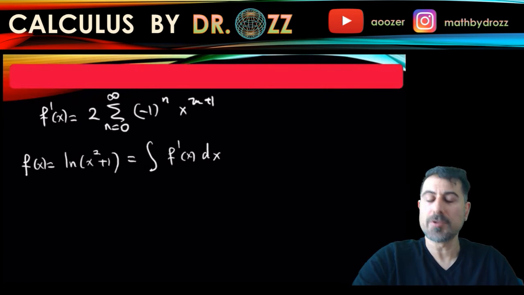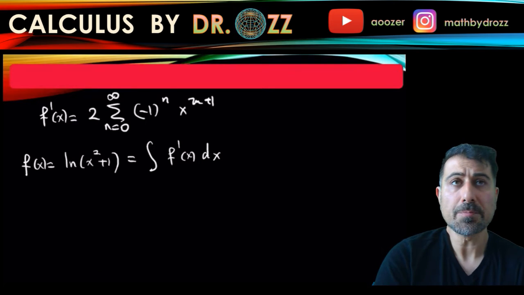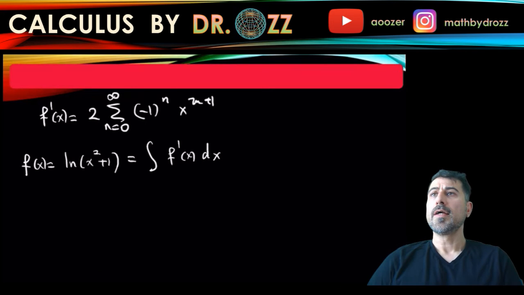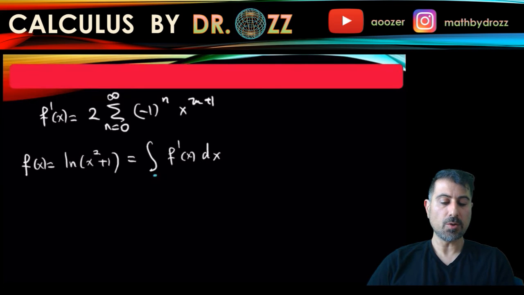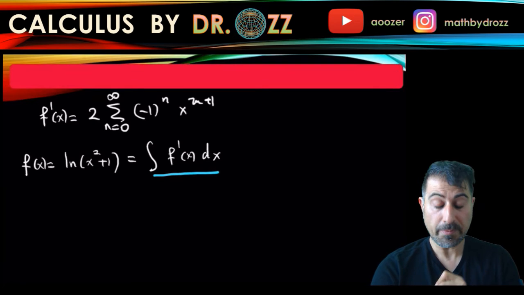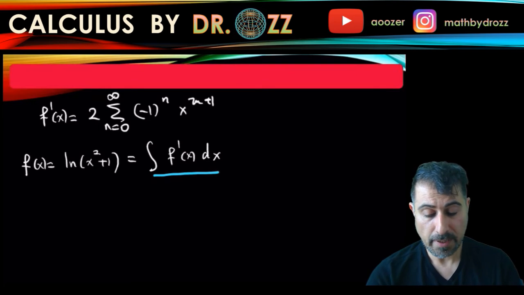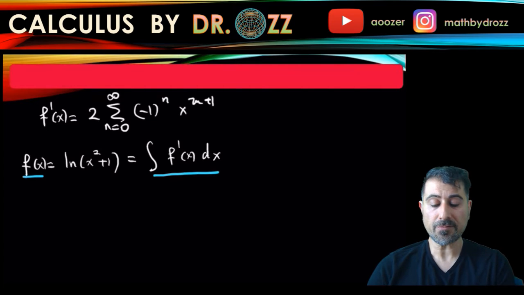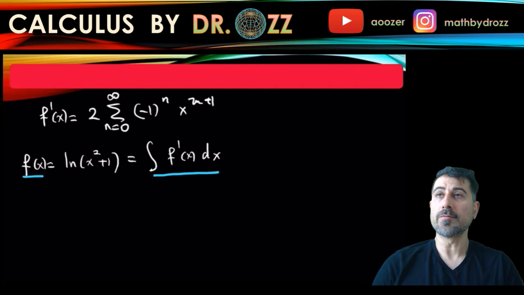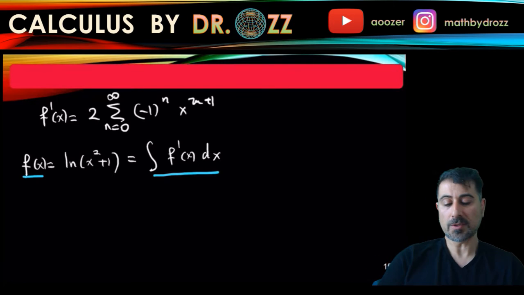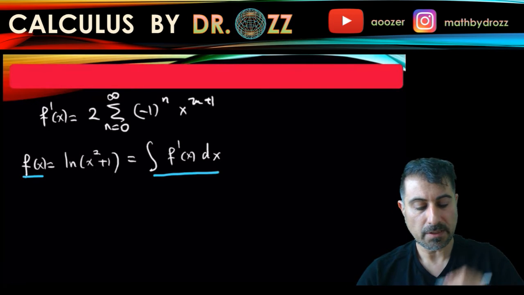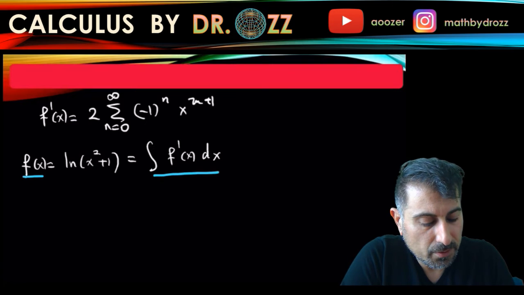All right, so I just copied the power series representation of f prime I came up with. And the antiderivative of f prime is exactly equal to f of x. But obviously I'm going to have an integration constant coming along, that's going to be added later on. I have to determine that as well. This is the relationship between f and f prime, writing ln of x squared plus 1 in terms of the power series of f prime. So let me write that down.